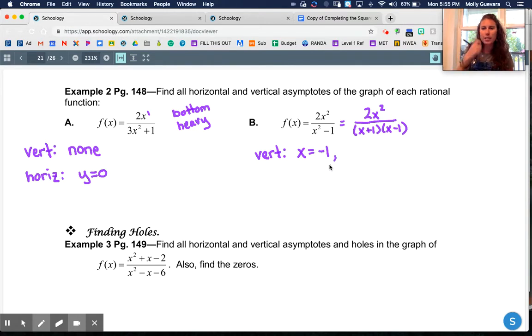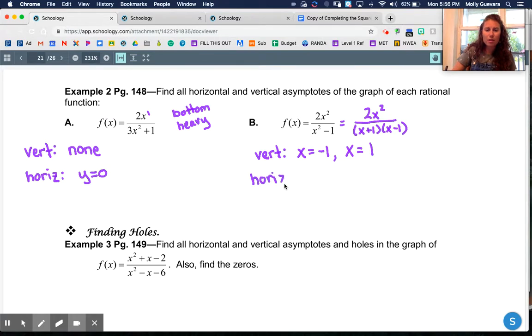Because it has to be a 0 of the bottom, but not of the top. Here I have a 0 at positive 1. If I plug in positive 1, I don't get 0. So I have another vertical asymptote at 1. Holy moly, I'm tired. Okay.